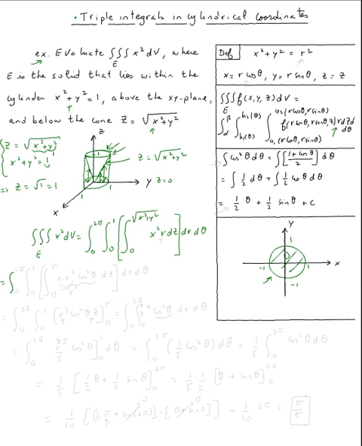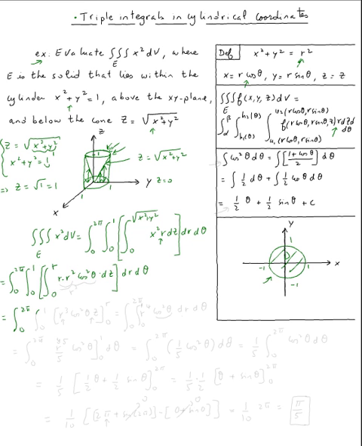So this will be equal to the integral from 0 to 2 pi, 0 to 1, and square root of x squared plus y squared. X squared plus y squared is equal to r squared, and the square root of r squared is r. Then x squared will be (r cosine theta) squared, so that's r squared cosine squared theta. And don't forget this r. Now dz dr d theta.